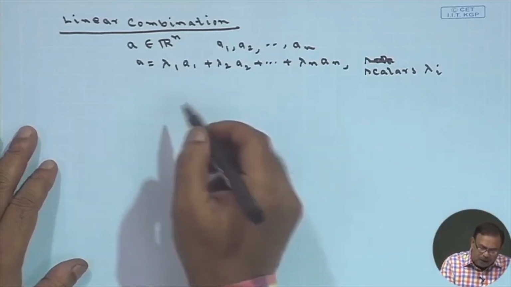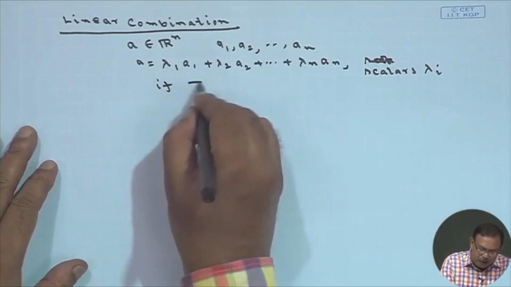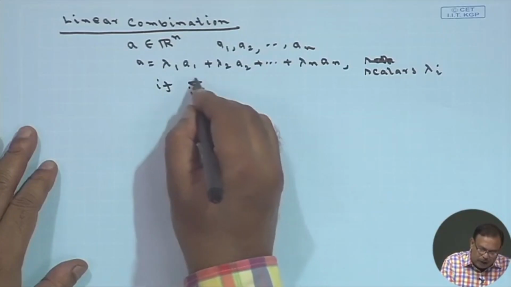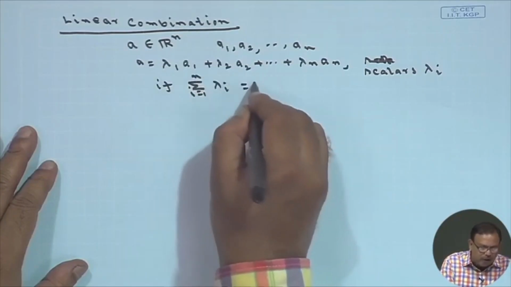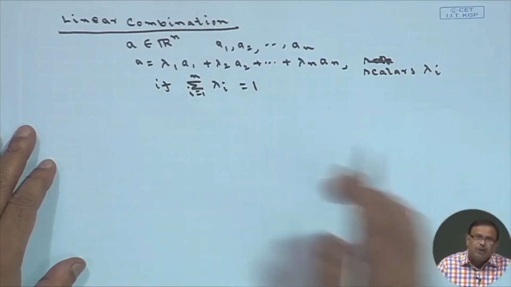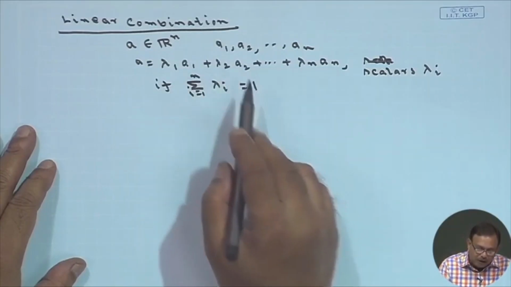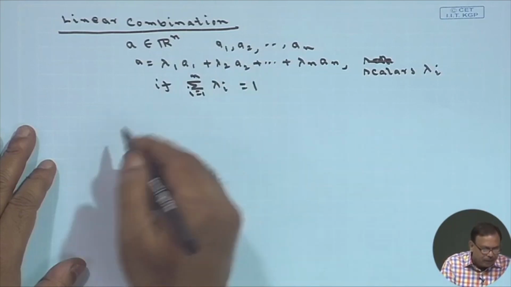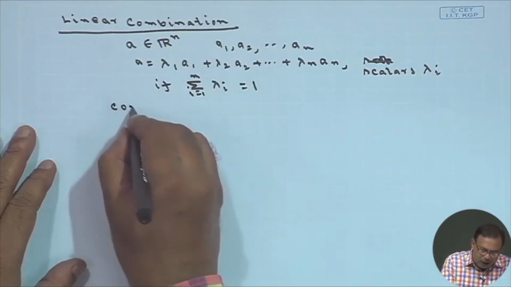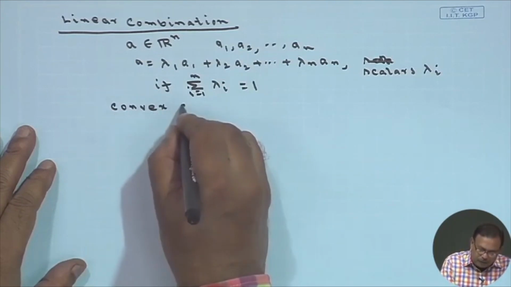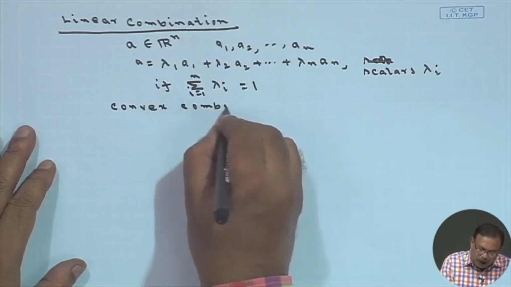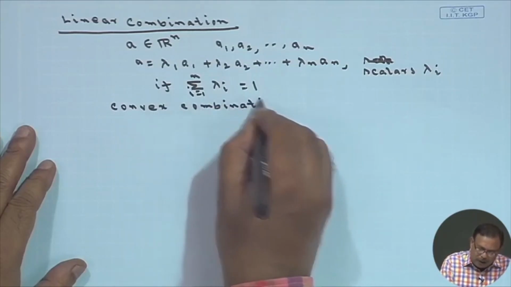In addition to this, if the summation over i equals 1 to n of lambda i equals 1, that means the summation of all these scalars is equal to 1, then this linear combination we call a convex combination.